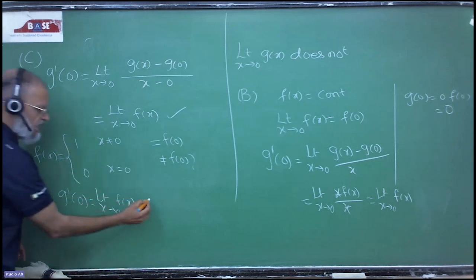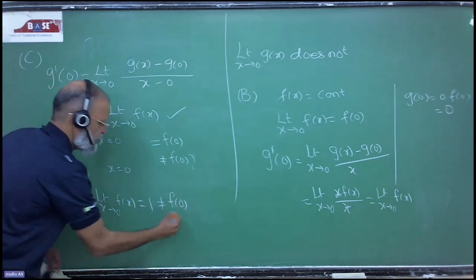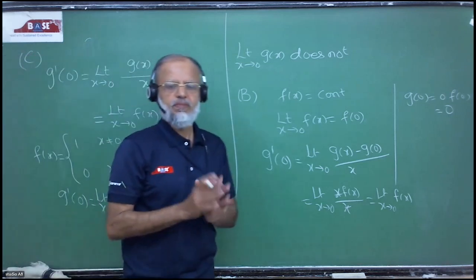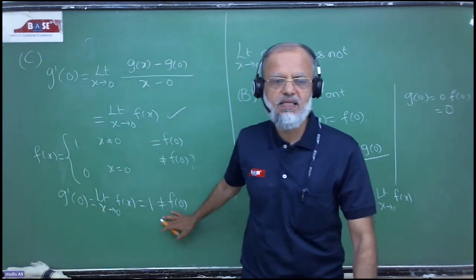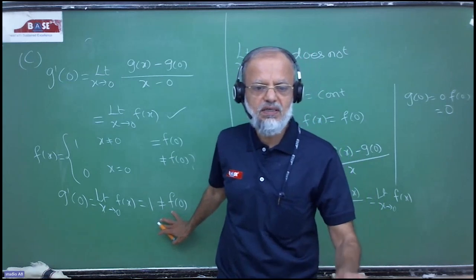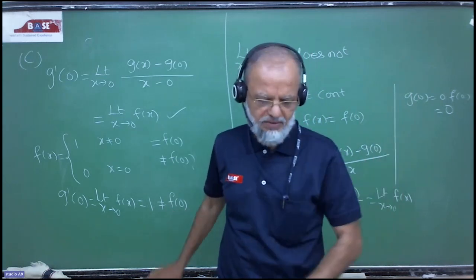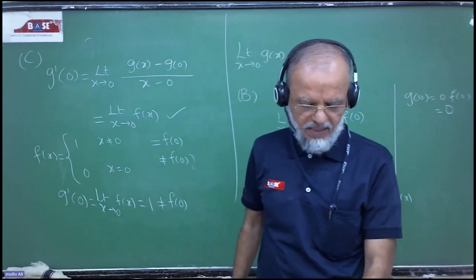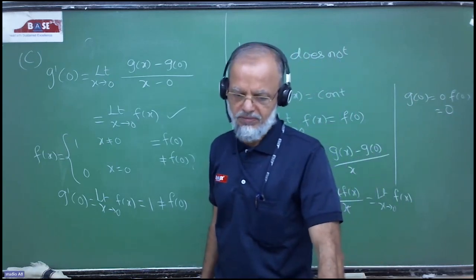According to this definition, I will get 1. But this will not become equal to f of 0. Now, it is very clear from this. I can say that this function f of x is not necessarily continuous. Hence, I can say that option C is not the correct option.